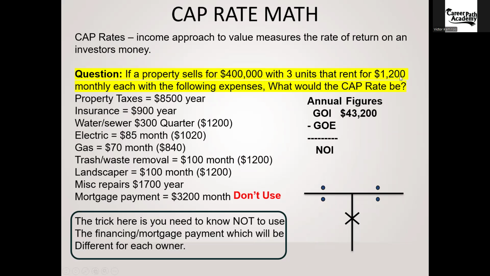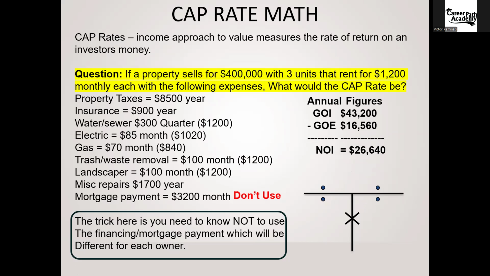So 3 times 1,200 gives you your monthly figure. Then you times that by 12, and it gives you the annual income of $43,200. But that's the gross income. Now we add up all of our annual expenses and we get $16,560. Subtract your expenses from your income, and you get the net of $26,640.